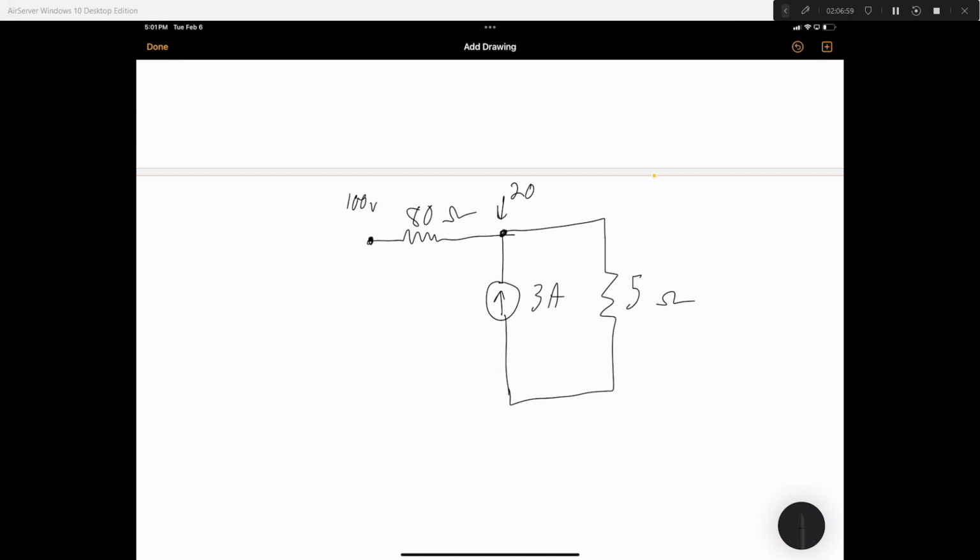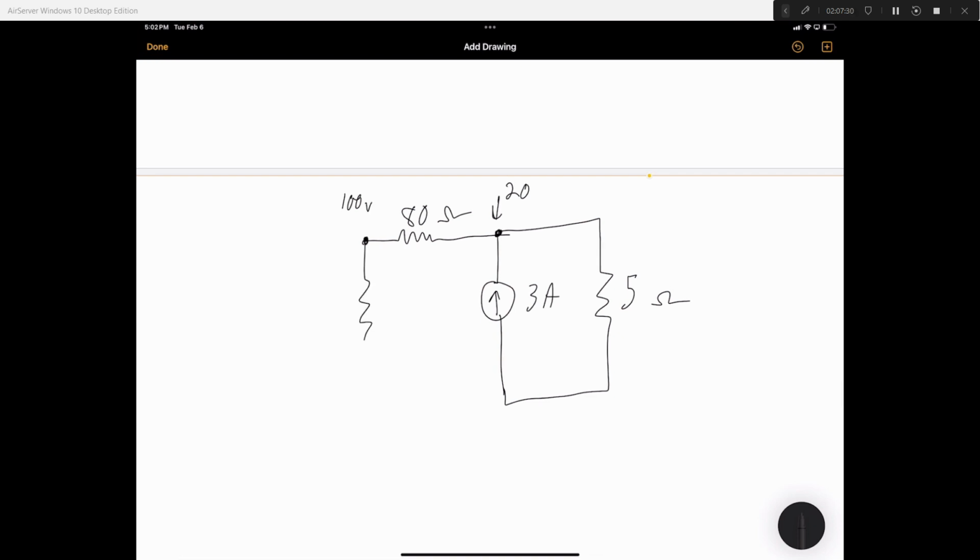Okay. So power supplied by the current source. What is the current at the voltage source? Let's figure that out. We know this is 100 volts. We know this is 10 volts.